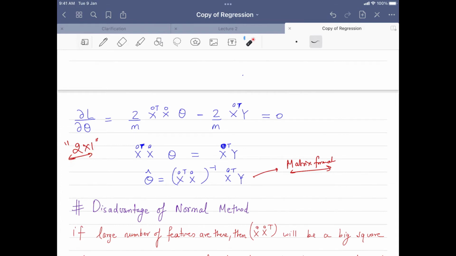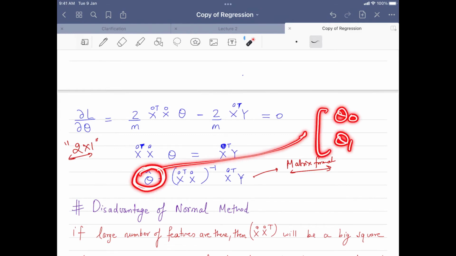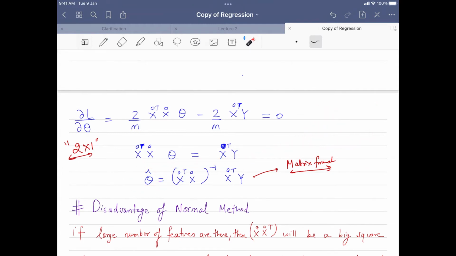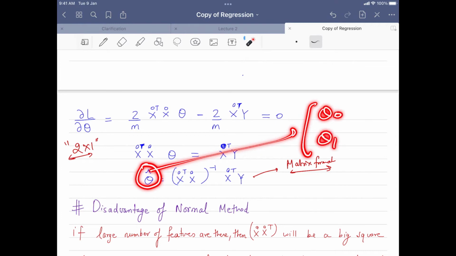That's why your theta hat, which you are estimating here, is theta 0, theta 1, because you have a single feature plus theta 0, which is the bias term. So theta hat is 2 cross 1.